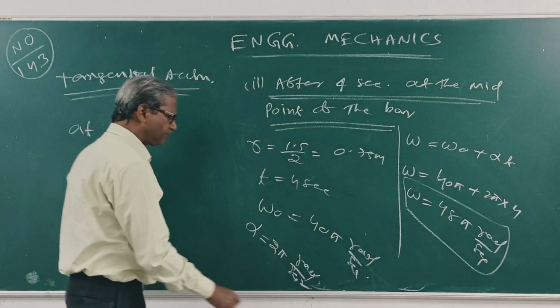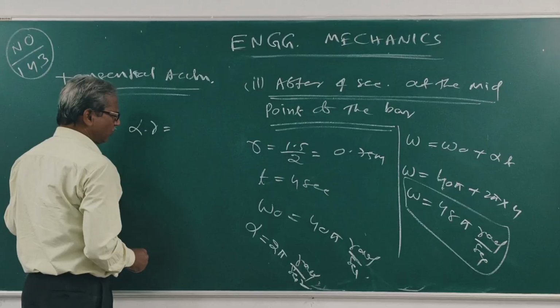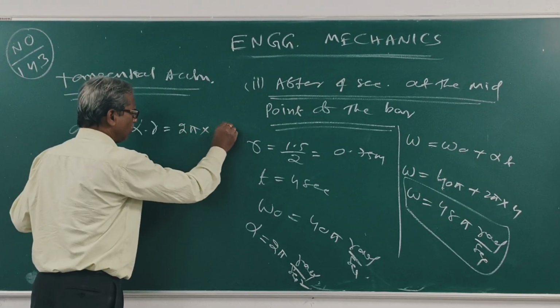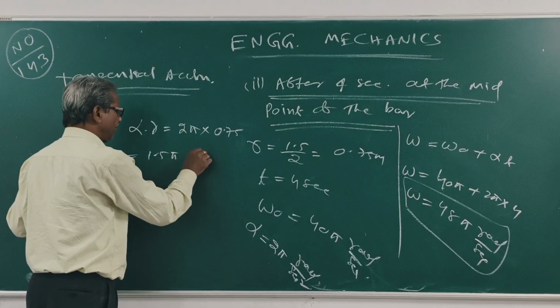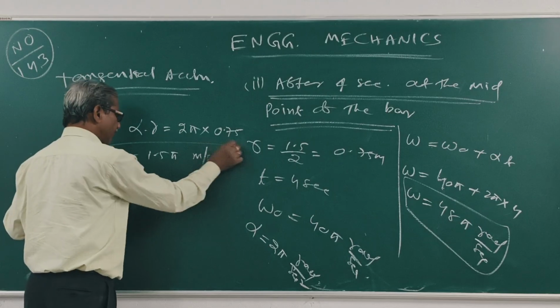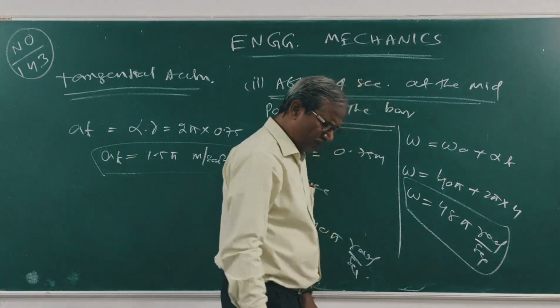Alpha into r. Alpha is 2 pi, r is 0.75. So at is equal to 1.5 pi meter per second square.